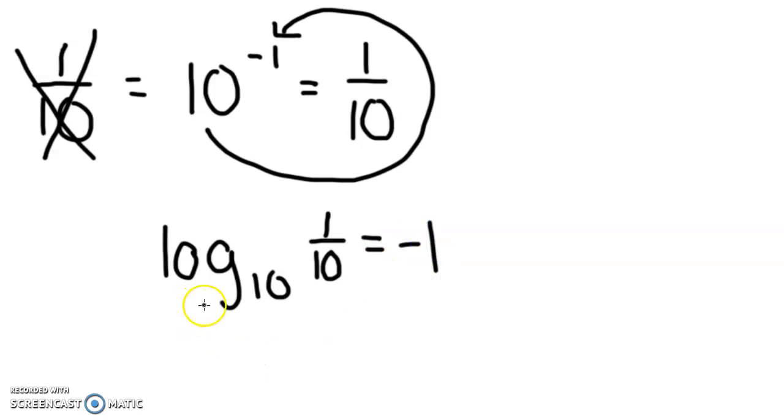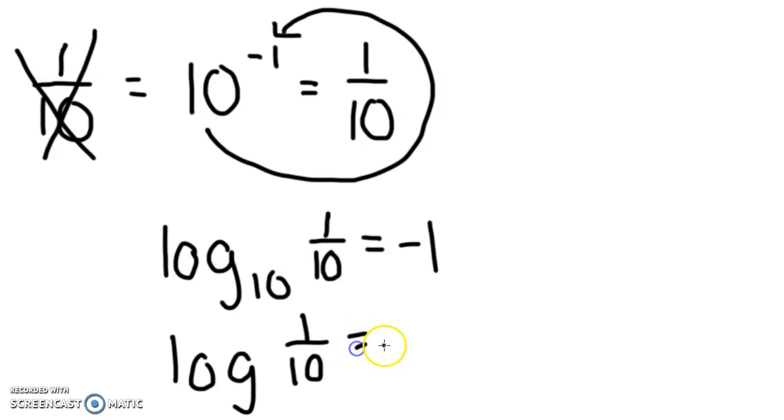So this is what we just did in reverse, but I wanted to show you that you can do it from either direction. Again, if you notice that it's log base 10 of this, you don't have to write that 10. You could just say log of 1/10 equals -1, because that's log base 10. 10 is your common one. So thank you.